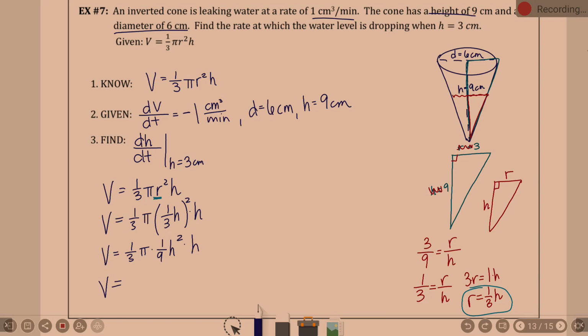So 1 over 27 pi H cubed. I will say pi over 27 H cubed is equivalent. Now, is there anything wrong with 1 over 27 times pi H cubed? No. Okay. That is our new formula that we're starting with.